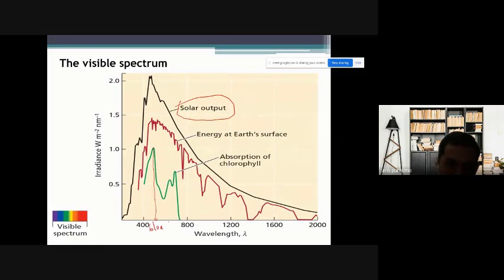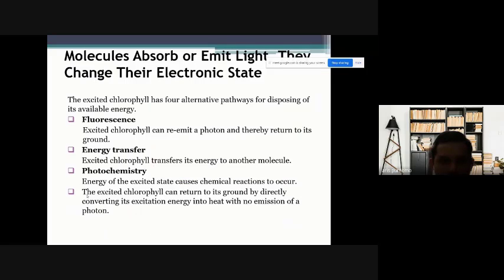Here is blue, and here is red. From blue to red can be used directly to generate photosynthesis.